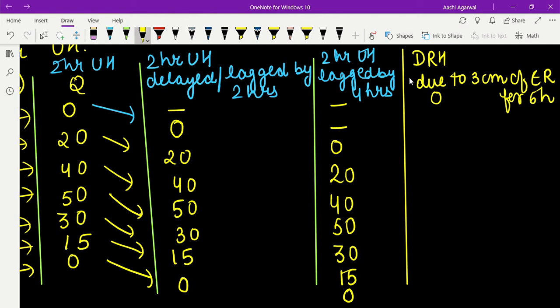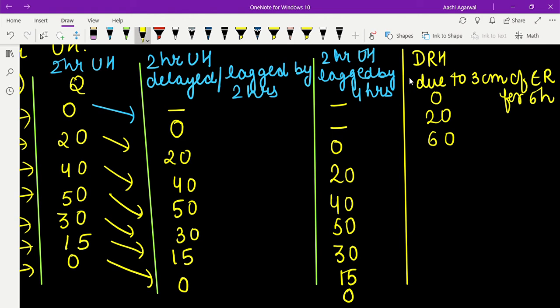0, again it will be 20, then 40 plus 20 plus 0, that means 60, then 50 plus 40 plus 20. Here it is a bit up and down, but I hope you understand. Here we have left one value and here we have left two values and then shifted the ordinates.